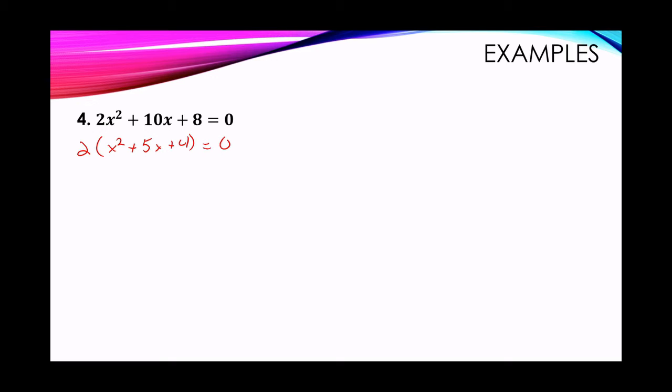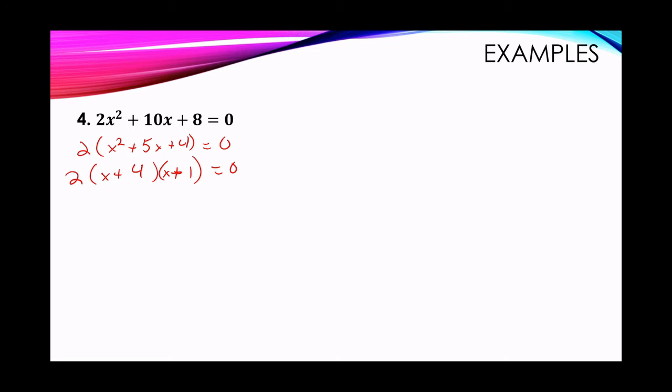Okay, so then I'm just going to factor what's inside the parentheses. So I have 2, and that's going to be x, and I've got to look. Second sign's plus, first sign's plus, so x plus, right? All right, and then I need to find factors of 4 that will add up to 5. So 4 and 1.